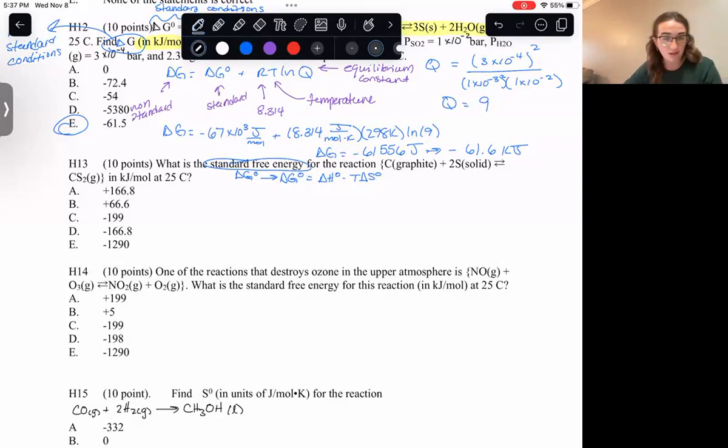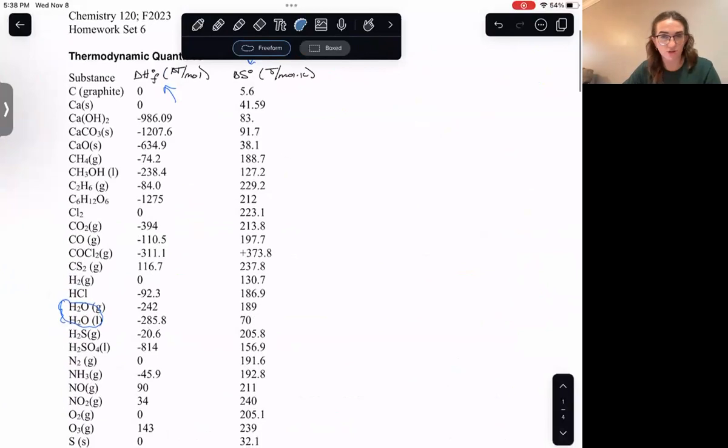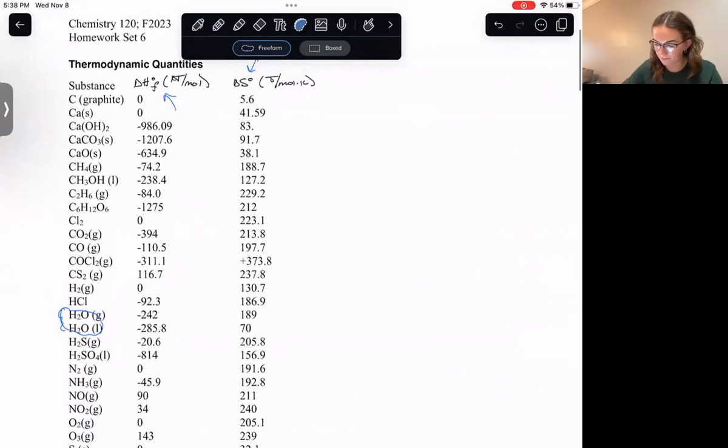I know it's a lot easier for me to do this on my iPad than on your exam, but for ease, I'm going to write the equation. And then I'm just going to copy this and bring it up to the chart. On your exam, I would recommend ripping your chart off if it doesn't have something. If you want to rip it off, you can rip off your chart and then you can look at it directly next to each other.